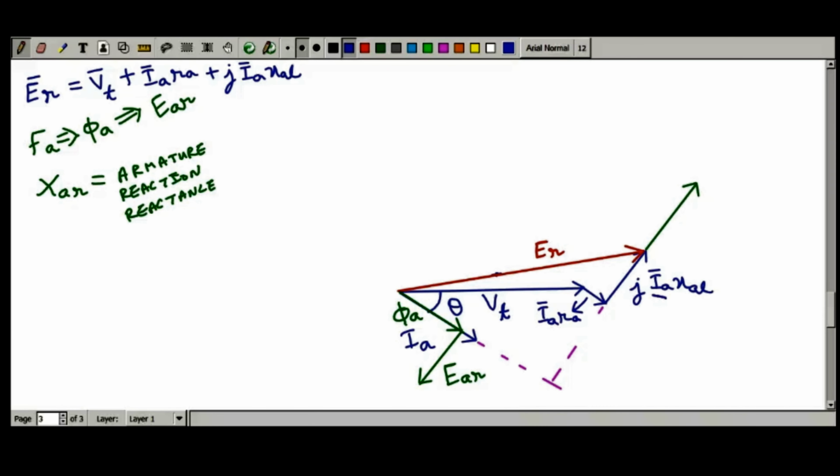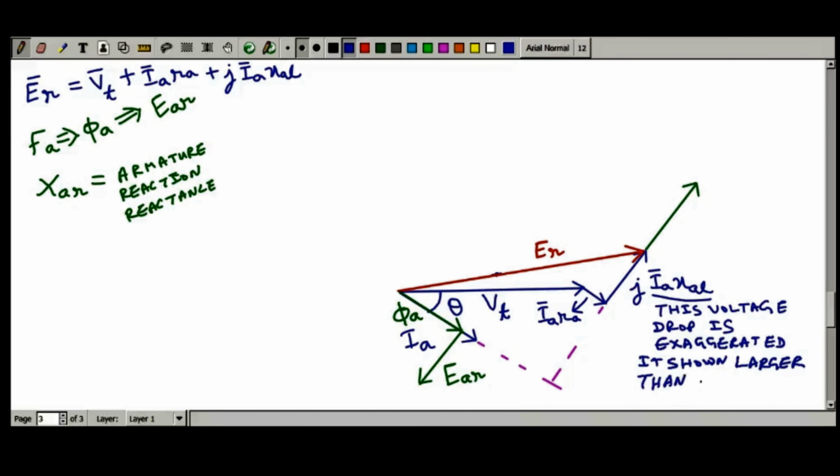This voltage drop is exaggerated, shown larger than the actual value.